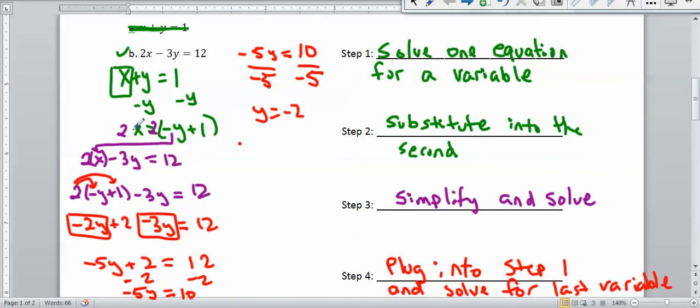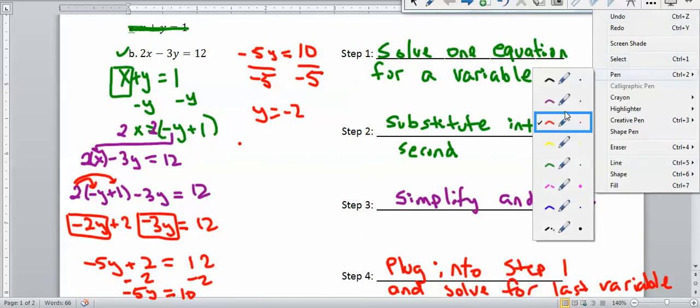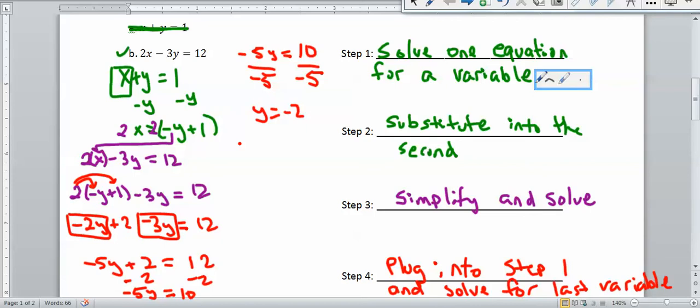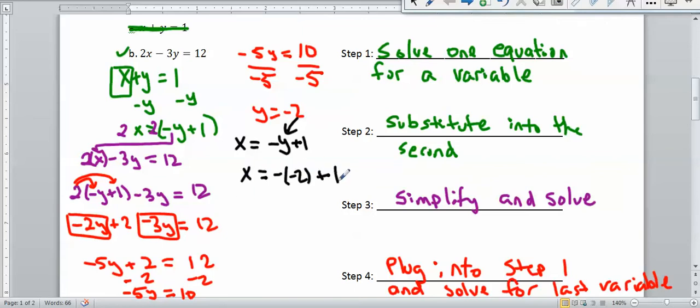Step 1 tells me that x is equal to negative y plus 1. So I'm going to take that and plug it in. I'm going to take that negative 2 and plug it in for y. So x is equal to negative of negative 2 plus 1. So x is equal to 2 plus 1, so x is equal to 3.